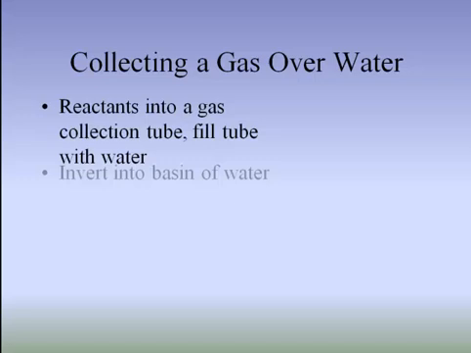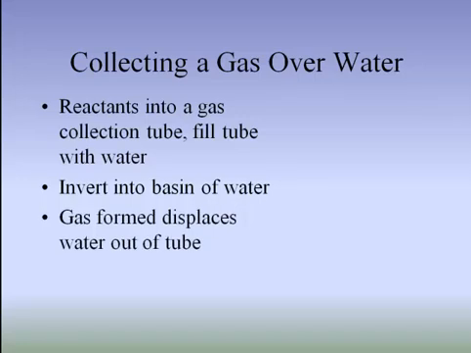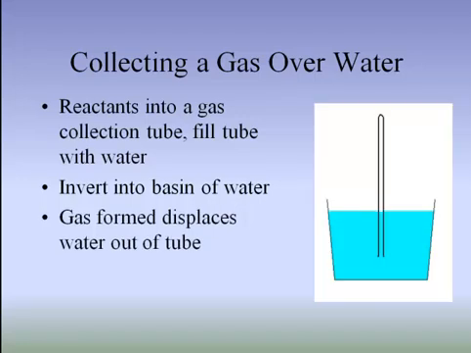The tube is then inverted into a basin of water, at which time the reactants come together and completely react. The gas formed during the reaction is trapped in the upper portion of the gas collection tube. It would look something like this after the reaction was complete.